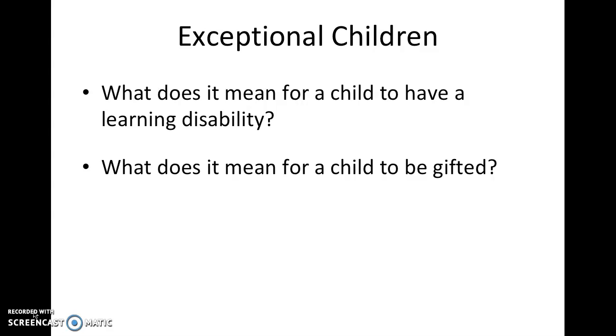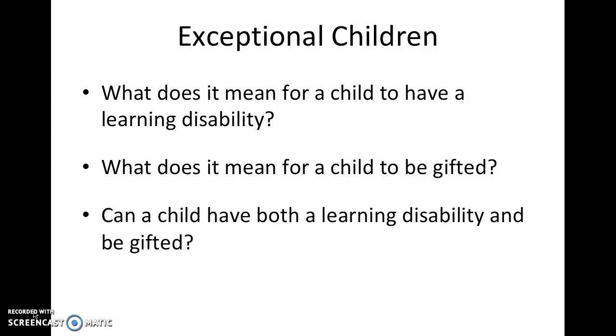Children at the bottom, we typically talk about having learning disabilities or limitations. Children at the top, we talk about being gifted. So just keep that in mind. Exceptional is really an umbrella term to pick up both sides, although sometimes we more often associate it with children who have limitations.